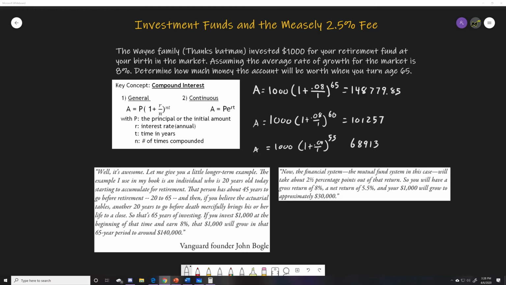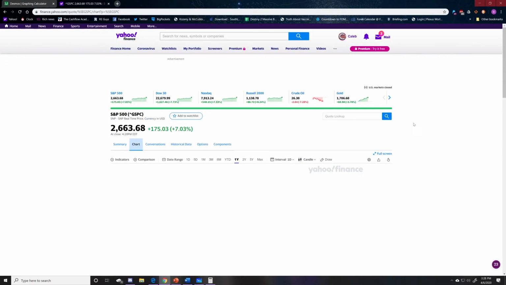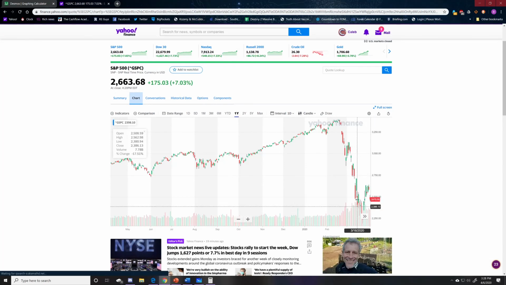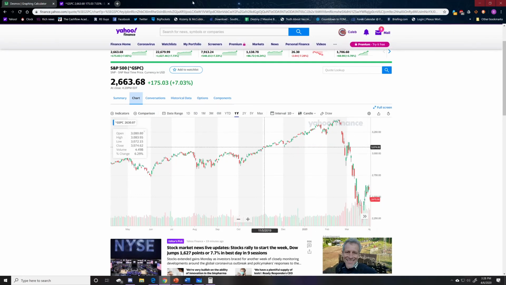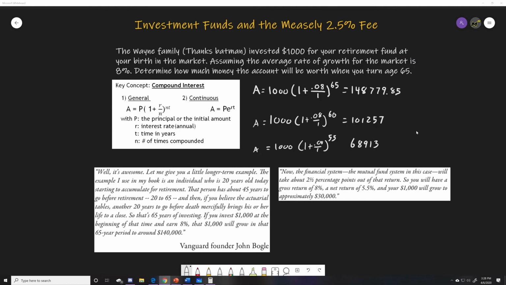But if we look at what's actually happening, well, they don't really account for anything like this big drop-off. Guess what? Your money's at risk, and it went down a lot. Too bad you didn't get your 8% this year. But they're still taking their 2.5% fee. Whether or not you make your 8% return, they're still taking their 2.5%. Okay. So even more food for thought there.